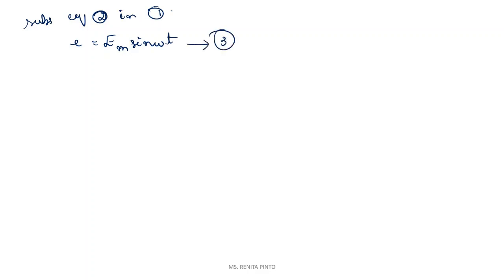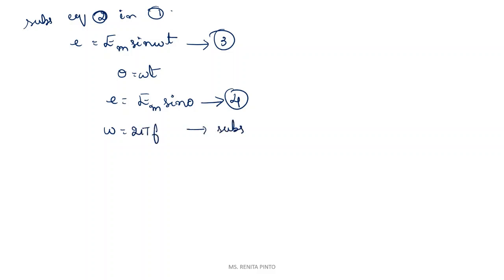Now we already know that theta is equal to omega t. Substitute that in the above equation, so you will get E is equal to Em sine theta. Let me take it as equation 4. Now we know that omega is equal to 2 pi f. Substituting this in equation 3, you will get E is equal to Em sine 2 pi f t.